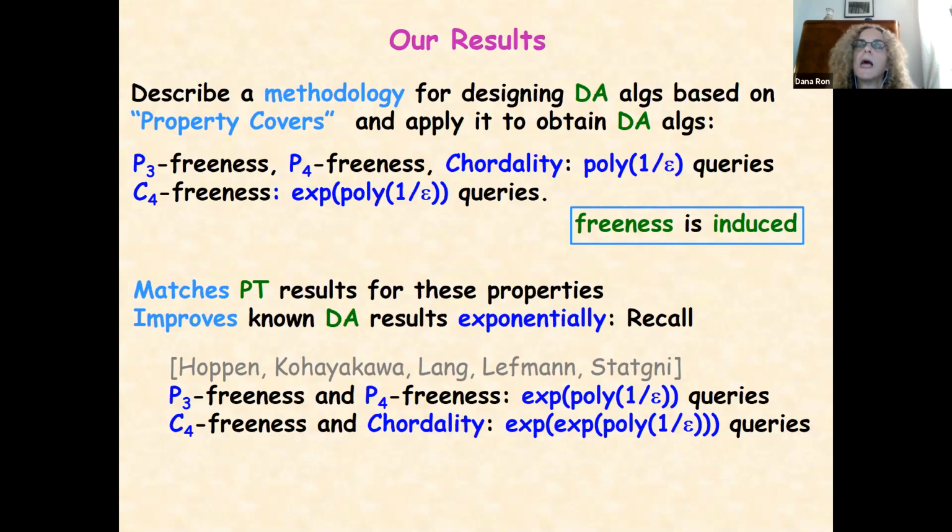Actually, we hoped at some point that we would improve for C4 freeness. We thought we had something that would even give the poly one for epsilon for C4, which is the only one among these that is exponential poly. So again, I can't say exactly coincidence because of the structures, but it's not by reduction.